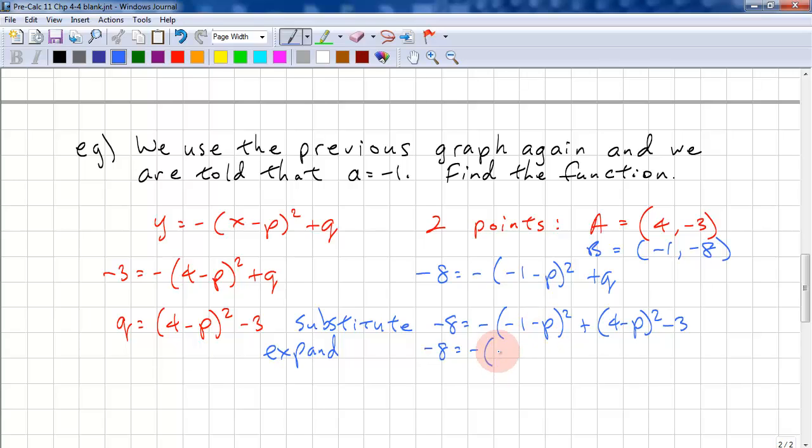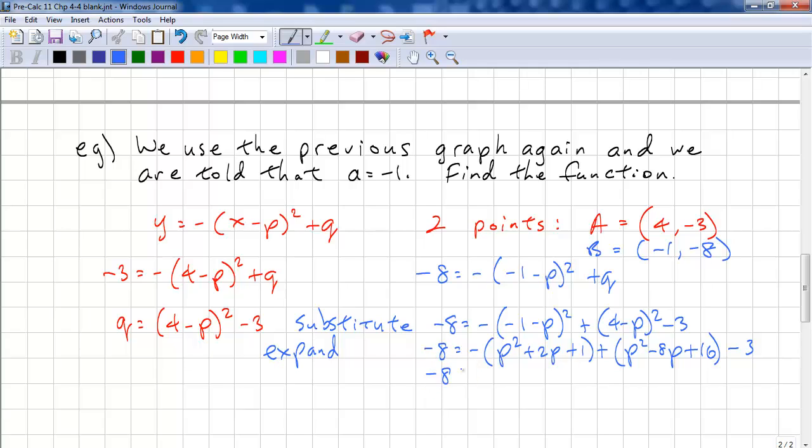So minus (p squared plus 2p plus 1), because we have minus 1 times minus p, that's a positive p, and we have 2 of those, plus 1. Plus (p squared minus 8p plus 16), minus 3.